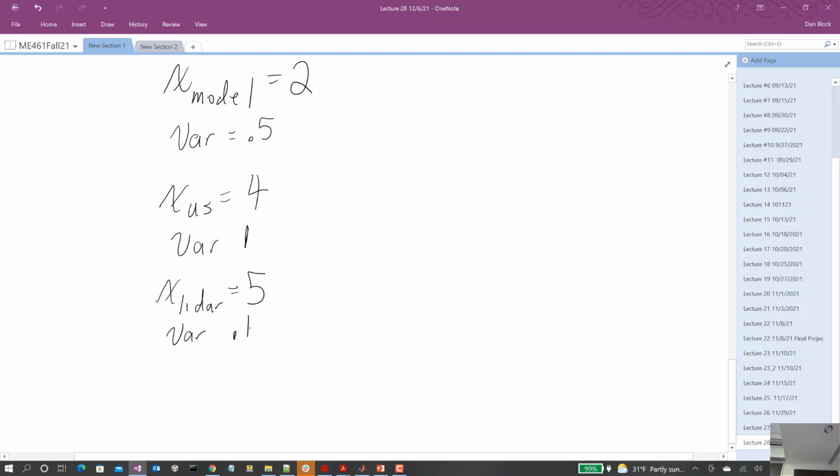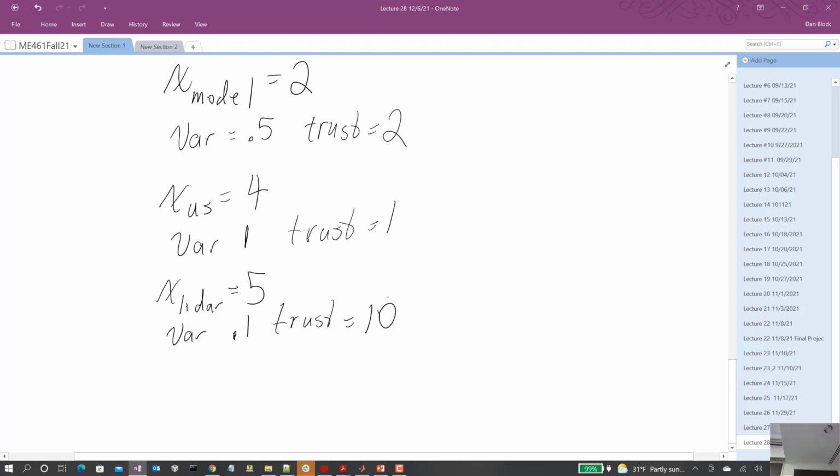Okay? So what I'm going to be talking about is variance, and then trust is the inverse of variance. So we trust this model with a factor of 2. We trust the ultrasonic sensor with a factor of 1. And then we trust the LiDAR sensor with a weight or factor of 10.